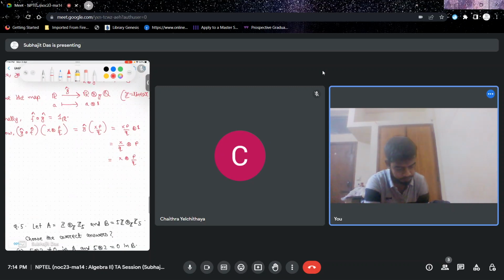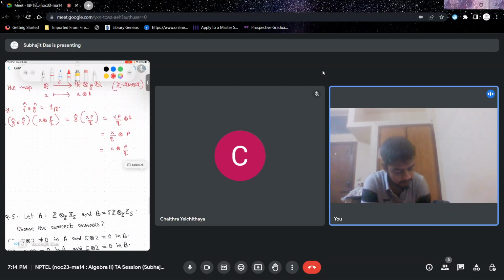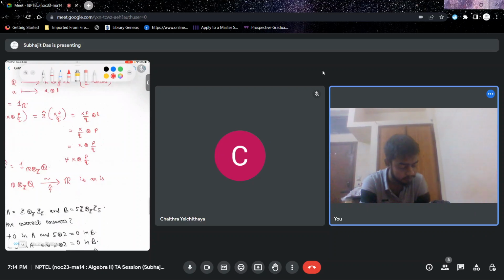So this is true for all elementary tensors, all generators of this tensor product, which implies that it is true on the entire tensor product, that this is equal to 1 on R tensored over Z with Q. Hence this map from R tensored over Z with Q into R is actually an isomorphism.